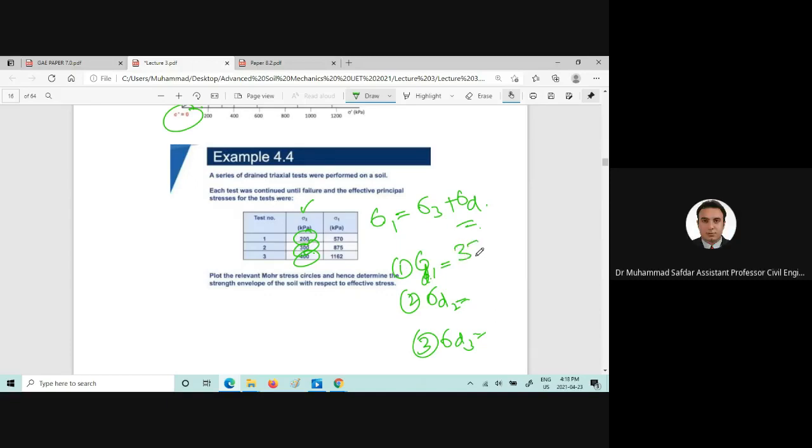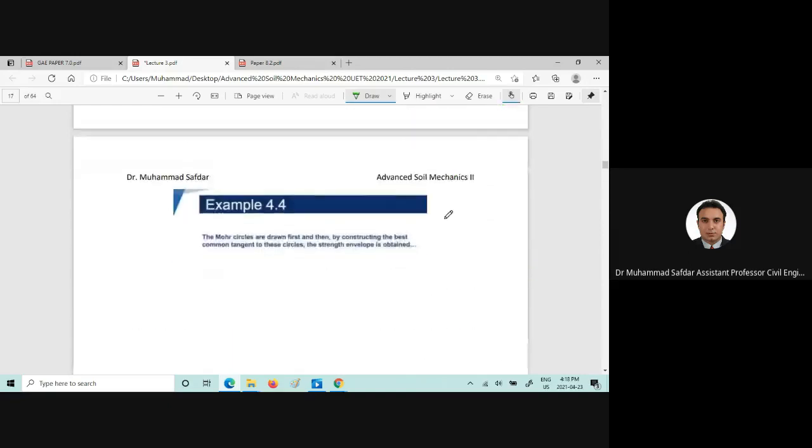Okay, 370 kilopascal. 575. Okay. 762. Okay, now we got the sigma D as well, which is the deviator stress.